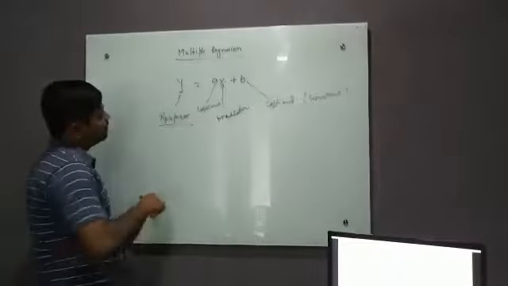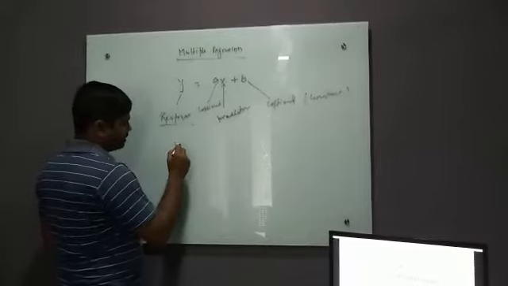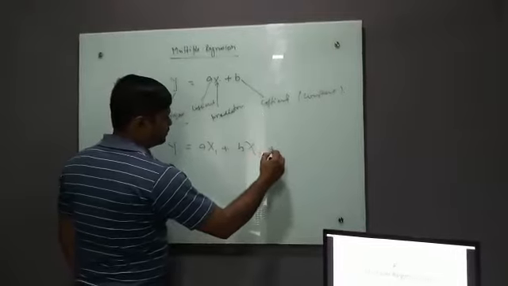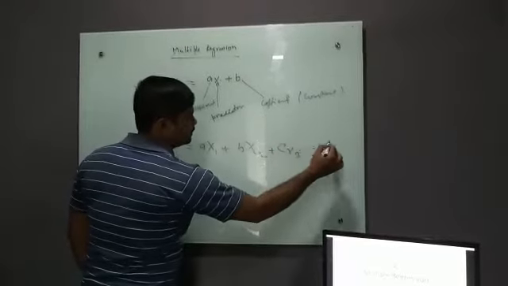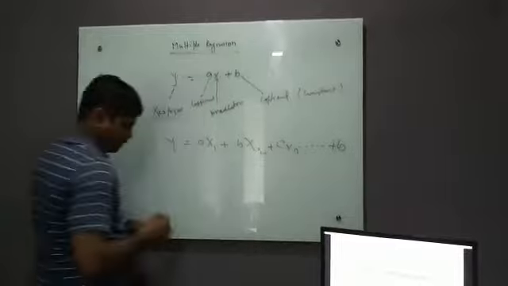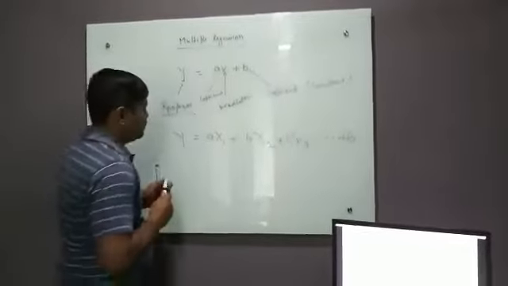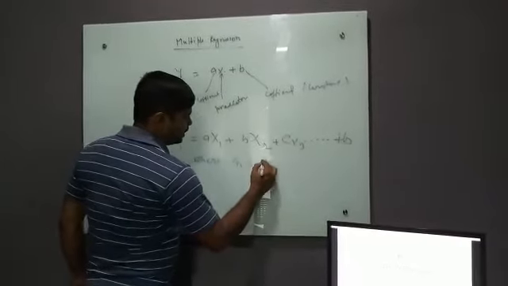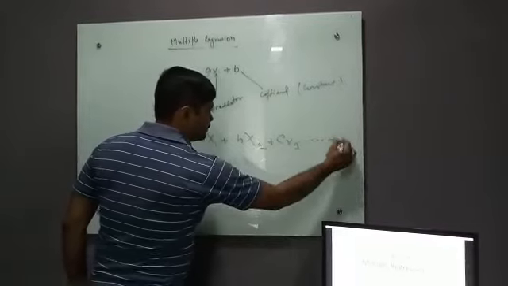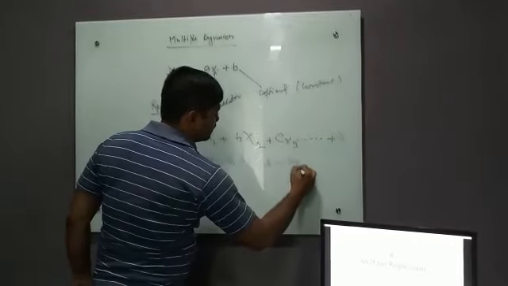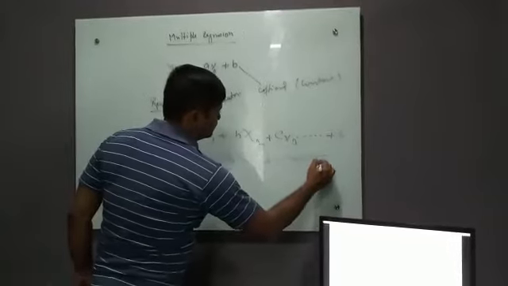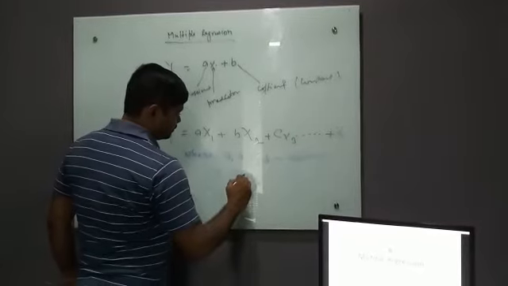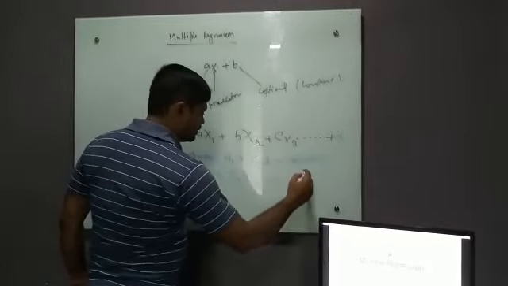Right? But for multiple regression, the formula is y equals ax1 plus bx2 plus cx3 and so on, plus b, where a, b, c, d all are your coefficients, okay, and x1, x2, x3 and so on are your predictors.